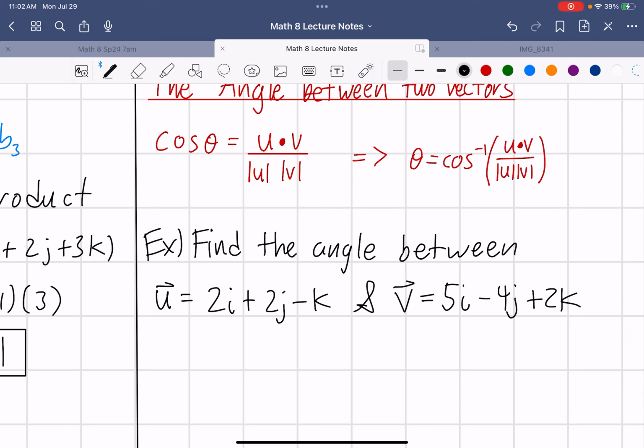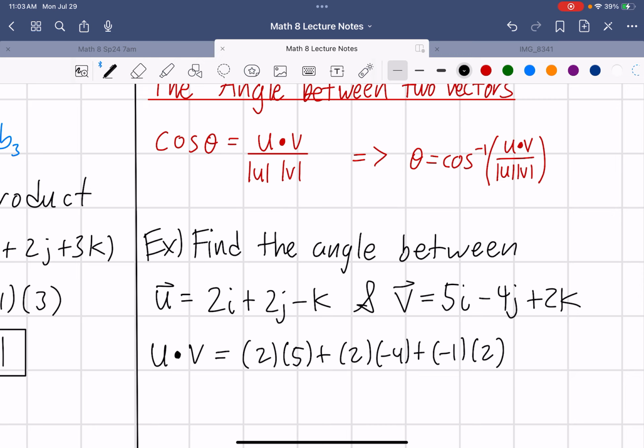But to do that, we need to have the dot product of these two vectors, which again is going to be 2 times 5 plus 2 times -4 plus -1 times 2.